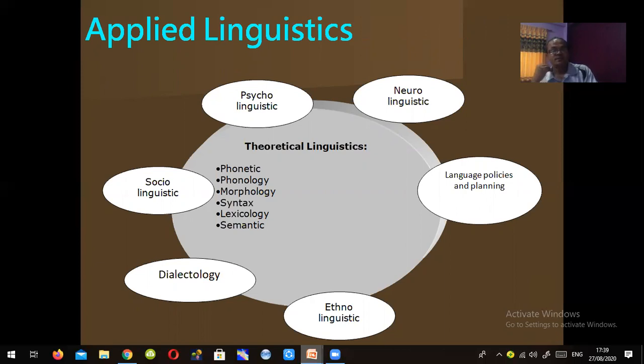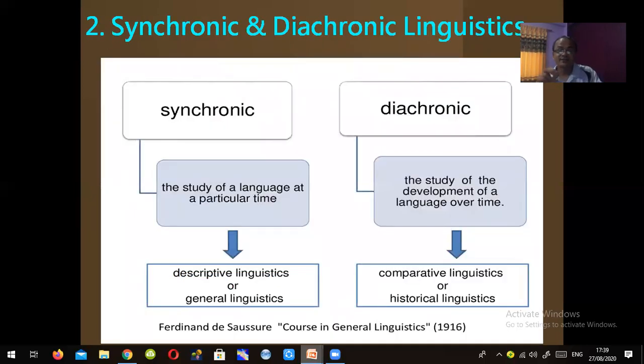Psycholinguistics studies the mind, some psychic thinking of human beings; neurolinguistics studies the brain system, nerve system; language policy and planning studies the use of language and its policy; ethnolinguistics studies diversity in the group; dialectology studies varieties; sociolinguistics studies society and human life, language. So this is the area of applied linguistics. Mostly all types of linguistics are applied linguistics except theoretical linguistics.